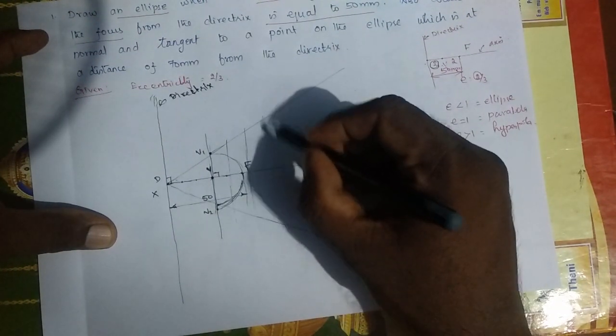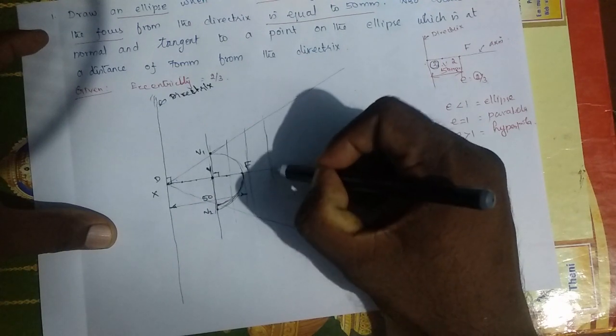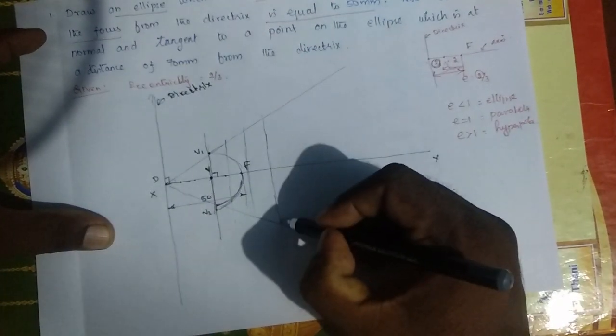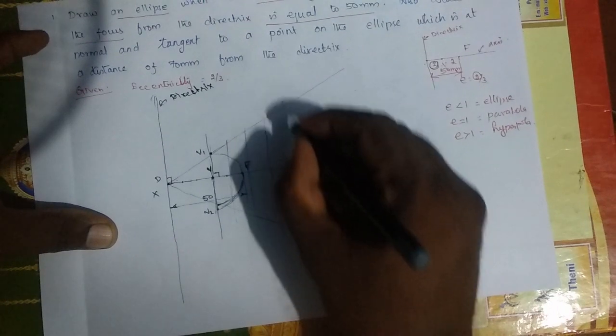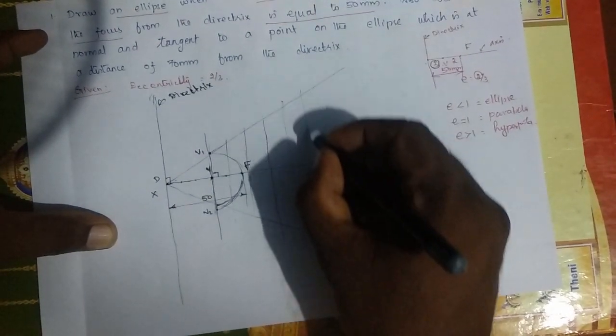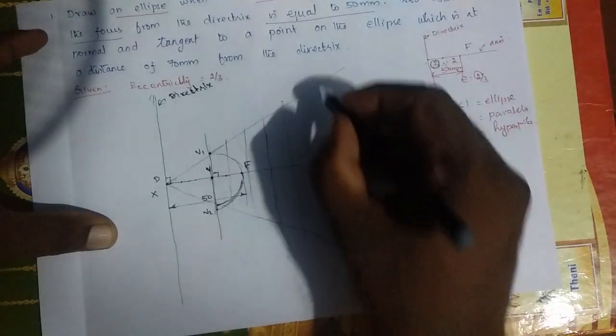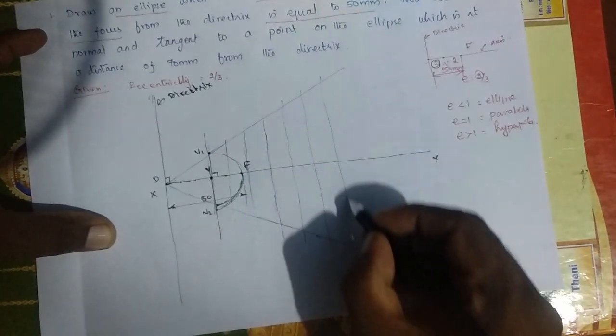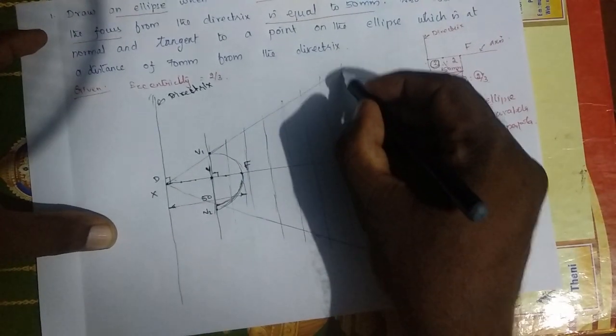All are perpendicular lines, that is important, meaning all the lines are parallel with the directrix. All the lines, whatever lines we are drawing, should be parallel with the directrix.